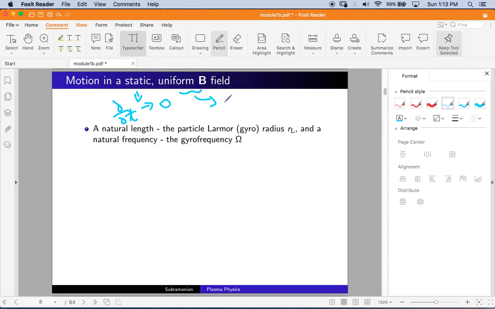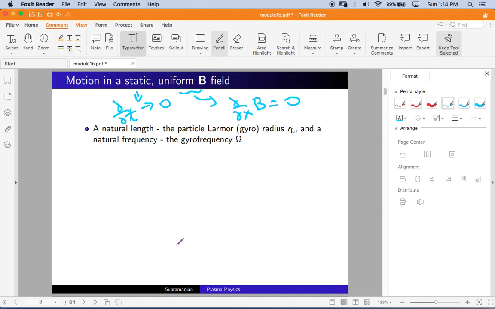Uniform simply means d over dx of B is zero. Now when we write down the equations, it's always useful to non-dimensionalize, to look at characteristic lengths and characteristic time scales.